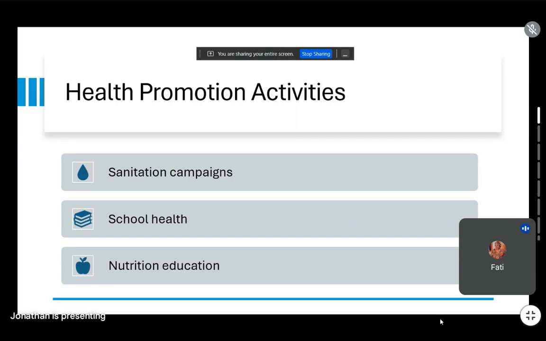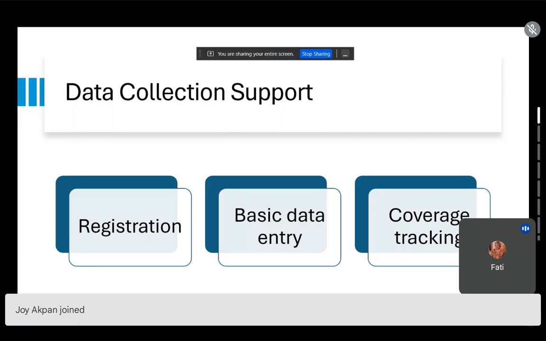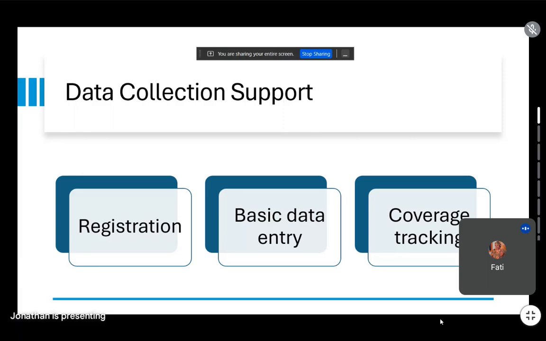So let's move on to data collection. As a volunteer, when there is a program being done, one thing you can help with is registration during the outreach or program being undertaken.